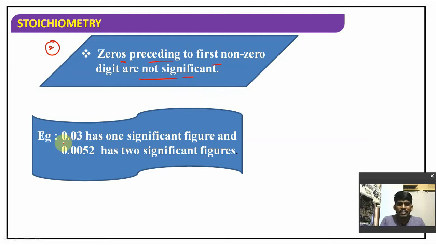Like 0.03, here 3 is significant, but these zeros are non-significant, so it has only one significant figure. 0.0052, how many significant figures? 2 significant figures: one is 5 and another is 2, but the remaining 3 zeros are non-significant. Understood the point, guys?